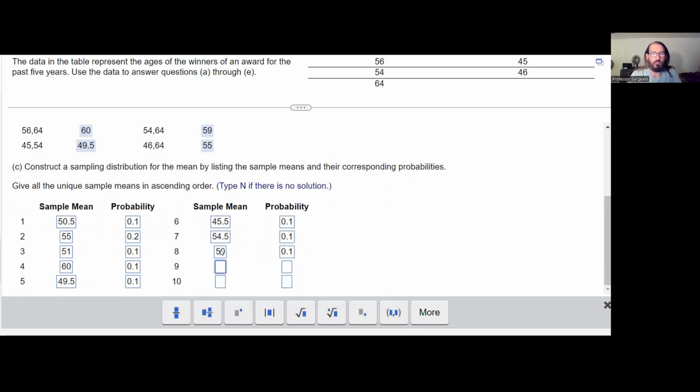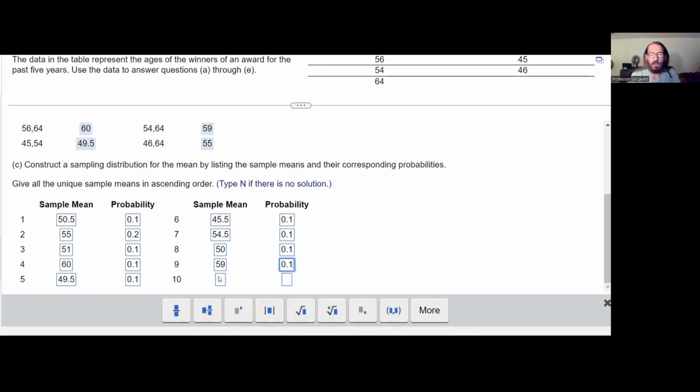Ninth one was a 59. We're not seeing that anywhere. Now, I think since we've already accounted for 55, we want to put this. Instead of listing that again, we've counted the 2 of them here. So I'm putting N for no solution there. Not sure if that's what they want or not.